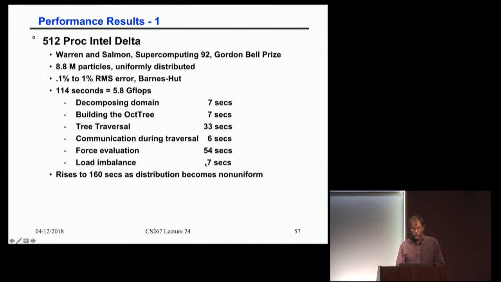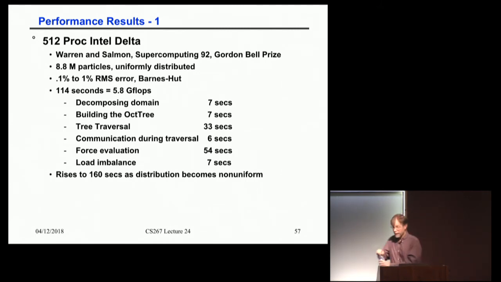It would have taken 54 minus 7, or 47 seconds. So let's compare 47 versus 114. That's not so bad. It's a factor of 2.5 off of the absolute upper bound in how much faster you could go. So that's one way you could evaluate it, and you could do the same sort of mental exercise for your final projects, whatever's appropriate for them.